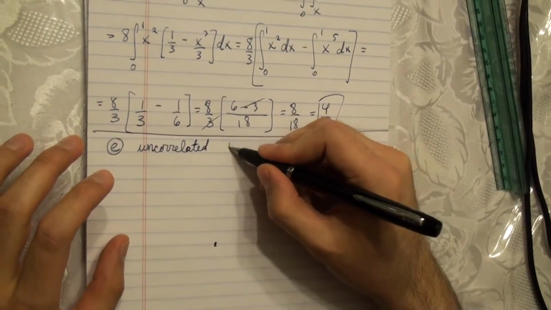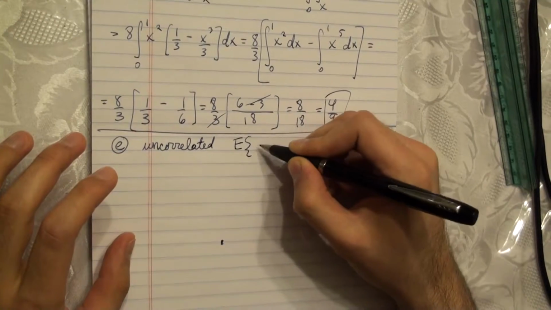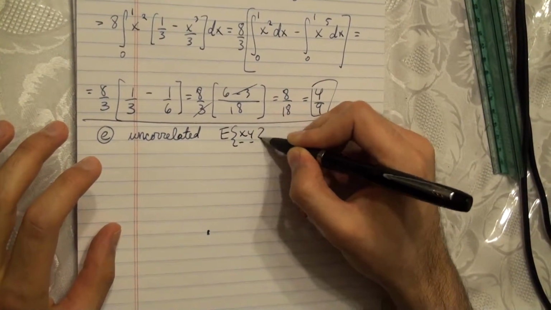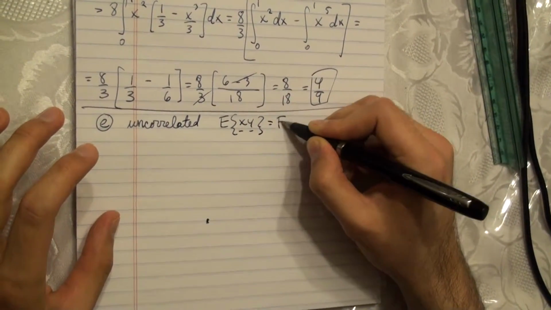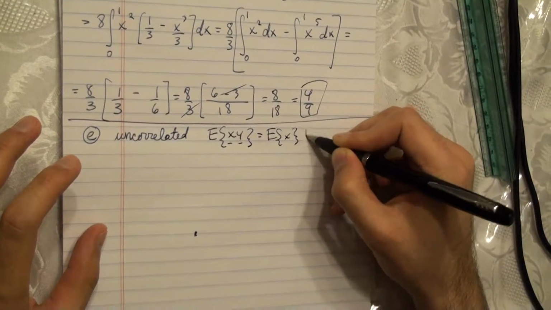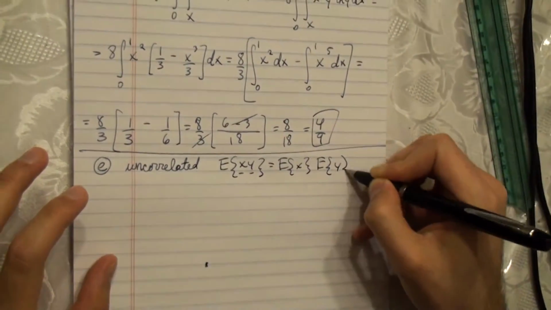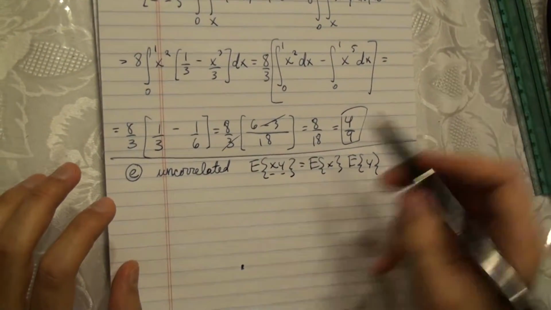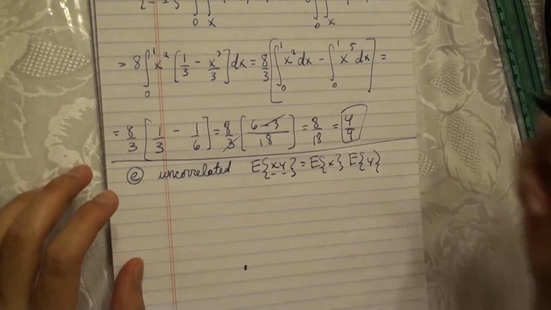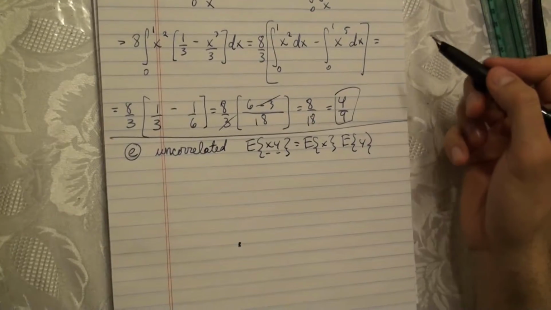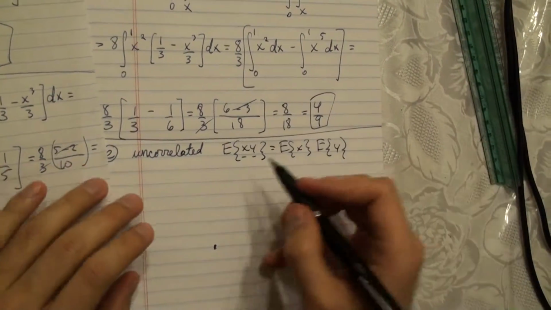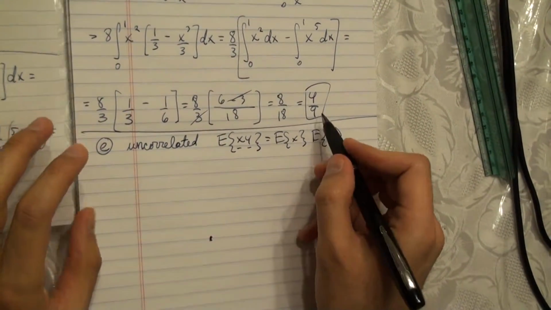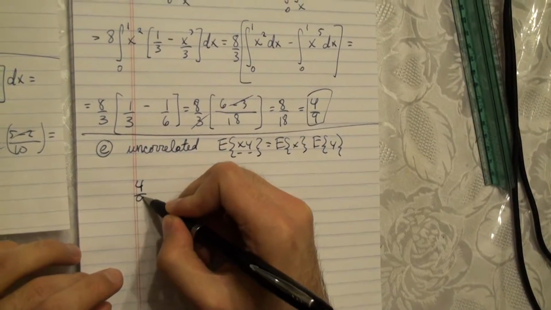Uncorrelated, the condition is expected value of xy must be equal to the expected value of x times the expected value of y. So that's for uncorrelated. So now we'll use the numbers that we just calculated to see whether or not this is uncorrelated. So E of xy is just 4 over 9.